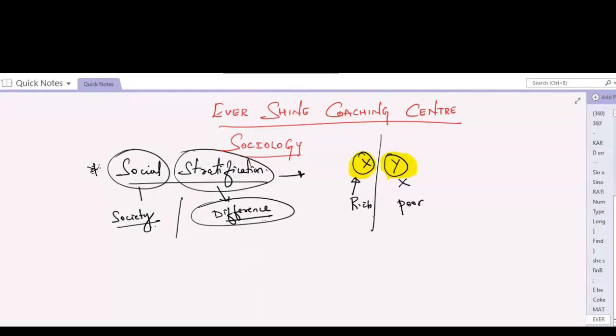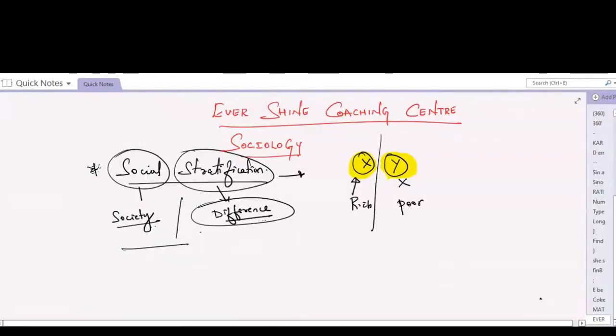First question: what is social stratification? This question is important. Next question.